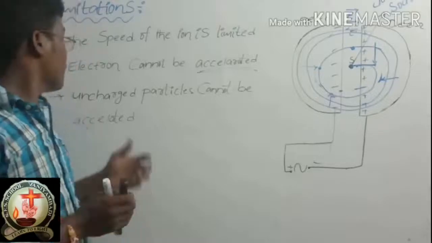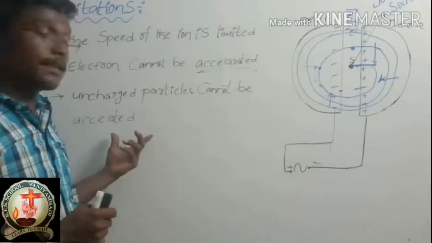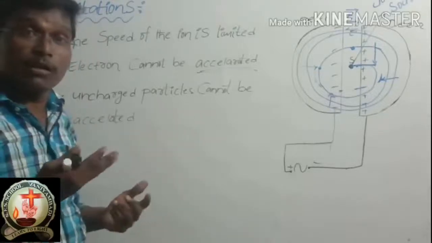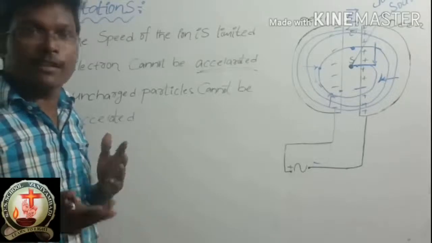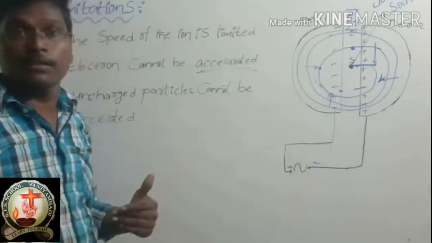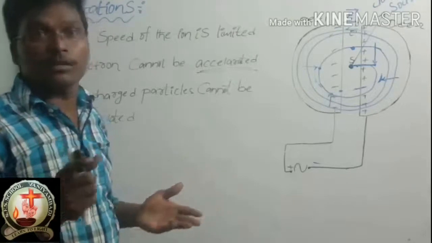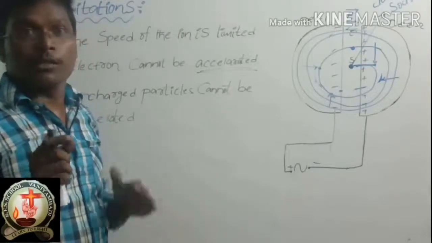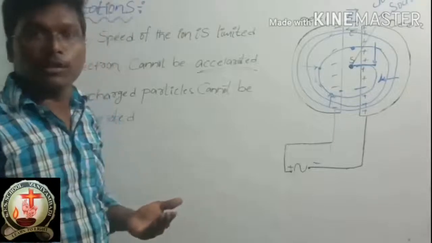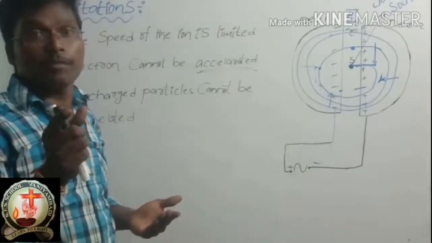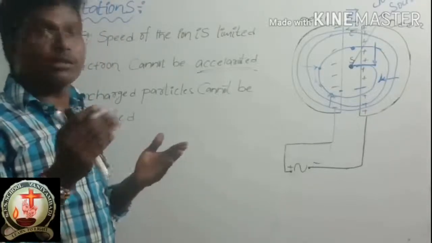And the third one: uncharged particles cannot be accelerated. Uncharged means not having any type of charge, neither positive nor negative. For example, neutrons. They have neutral charge, that means zero charge.